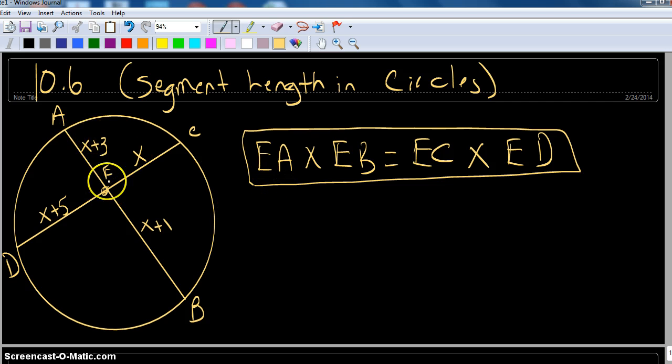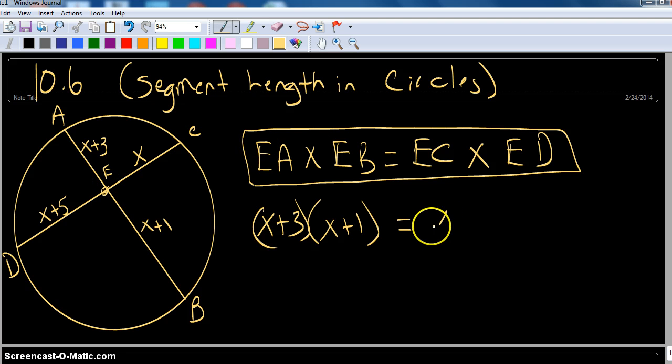So EA is X plus 3, and then multiply EB, and EB is X plus 1, as equal to EC. EC is X times ED, which would be X plus 5.